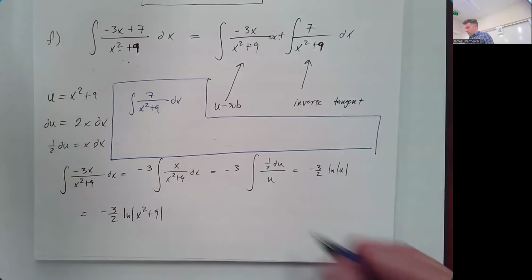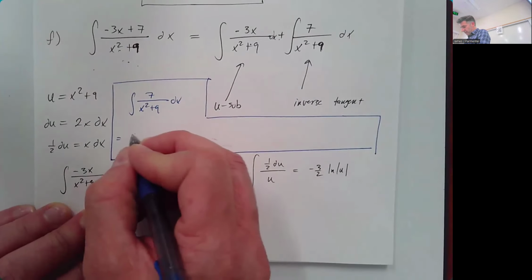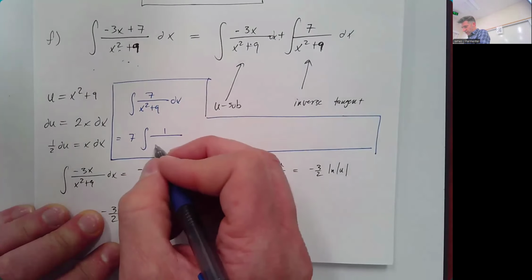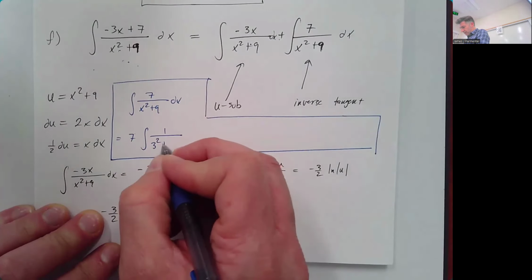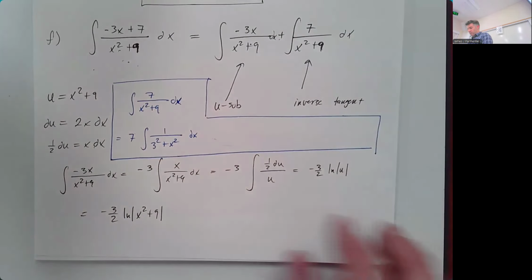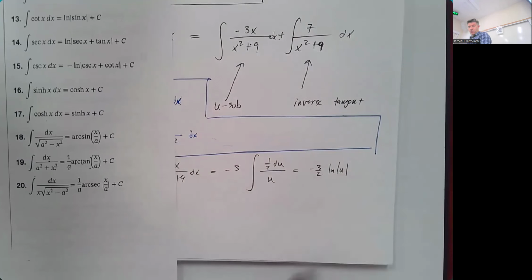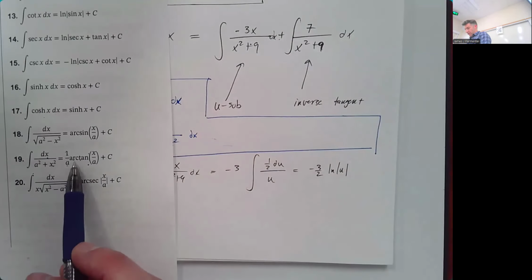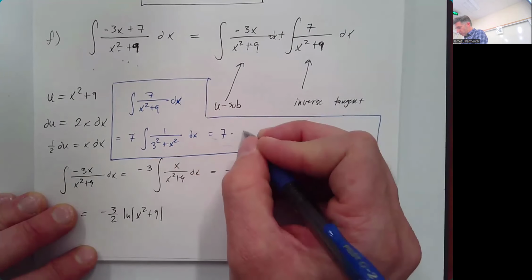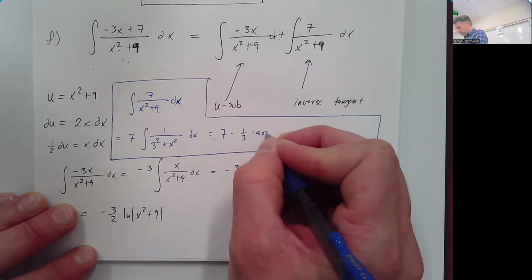So what we're integrating here is 7 times the integral of 1 over 3 squared plus x squared. Using the formula, that's going to be 1 over 3 arctangent of x over 3. We get 7 times 1 over 3 times arctangent of x over 3.